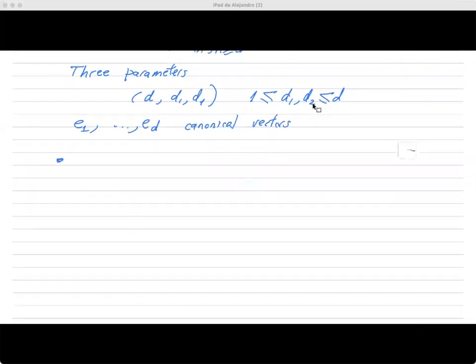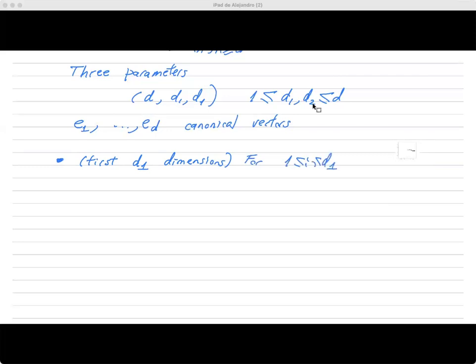So how do you define this? There is a rule where the walk uses the first d sub 1 dimensions.